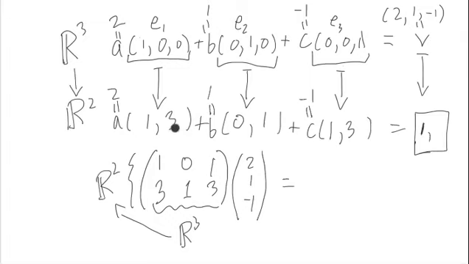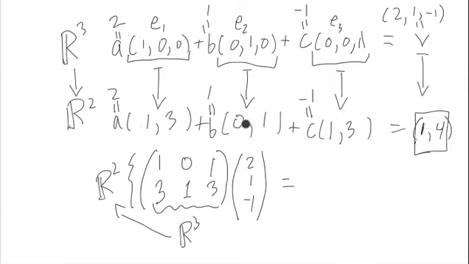Then in the next component, 2 times 3 is 6, plus 1 times 1 is 1, so 6 plus 1, and then minus 3. 6 plus 1 would be 7, and then minus 3 would be 4. Let's see if we did that right. Okay, 1, 4. So that's where it'd be sent to.